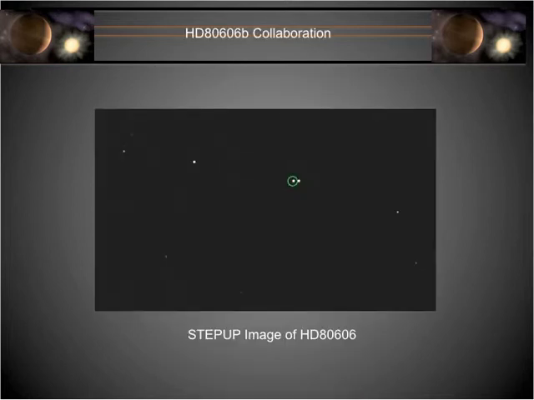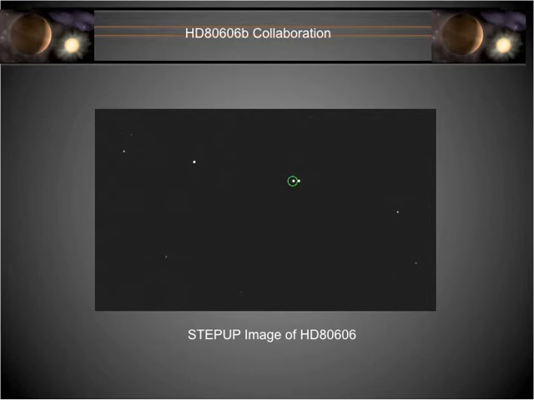And so finally, the third planet that I've been most involved in was the HD 80606b collaboration, which we talked about earlier. Here's another of our images with the target star circled here.